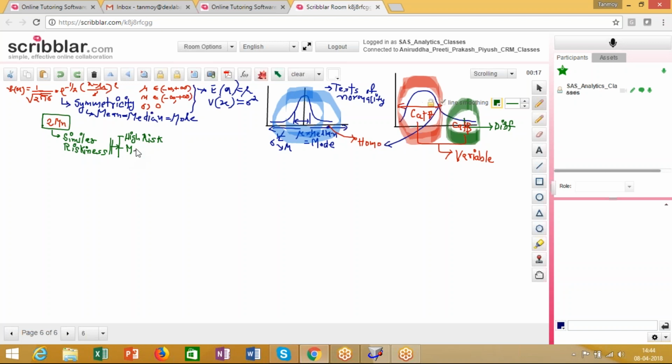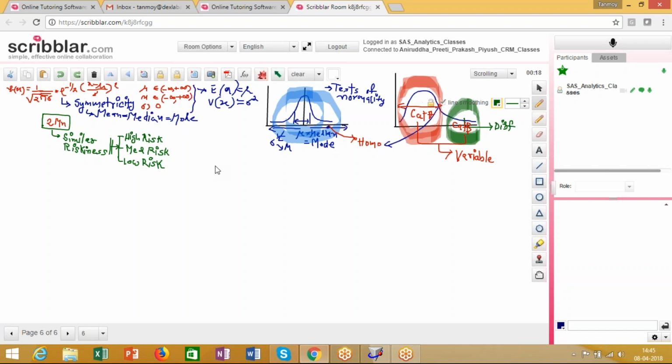Then over here, we have the medium risk, and there is low risk. So there are three broad types of risks: high risk, medium risk, and low risk.